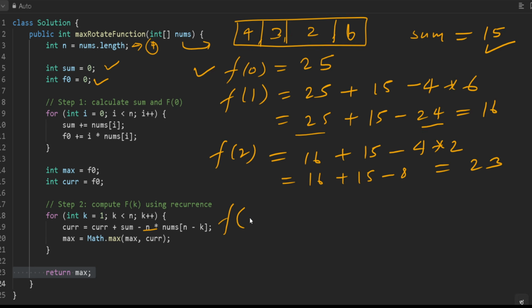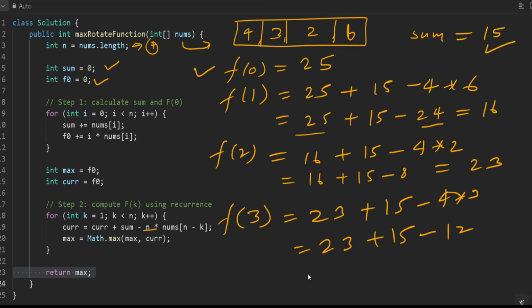Then we'll calculate f at 3. So 23 plus 15 minus 4 into 3, so 12, means we will get 3 from here, and 23 plus 3 is 26. So you can see we are getting the answer 26.